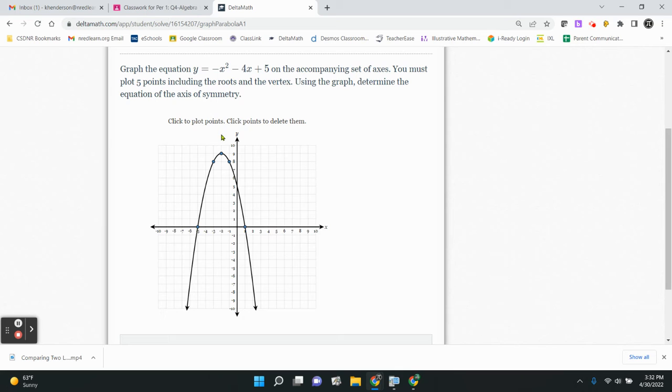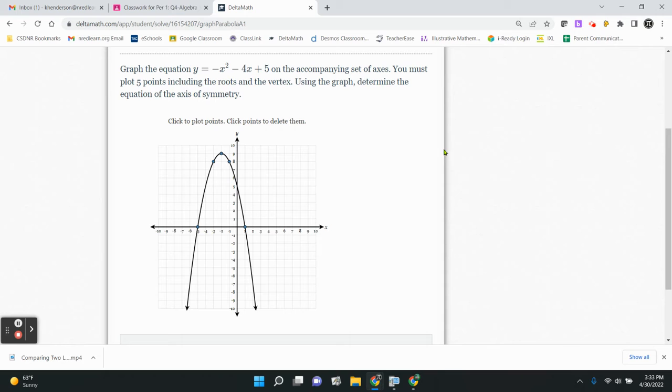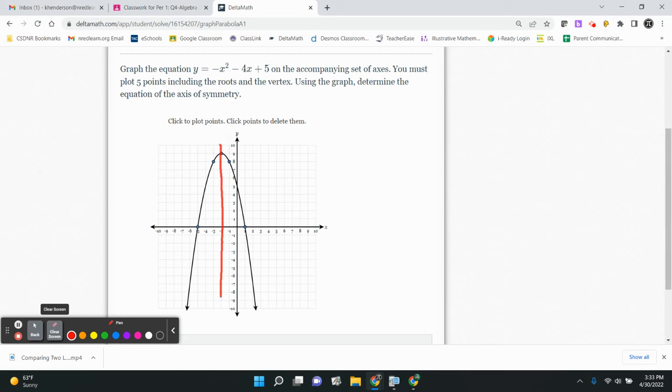Okay, the axis of symmetry is an imaginary line that runs vertically through the vertex. So when we have our imaginary line here that's running through the vertex, that's a vertical line. Oops, not very straight. But that vertical line has an undefined slope, so the equation would start with an x.